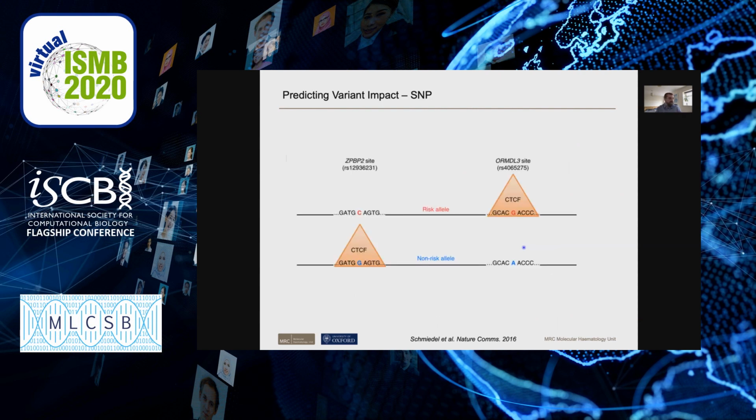To demonstrate that, here's another example from Schmiedel and colleagues, 2016. They have identified 2 SNPs that are associated with asthma risk, forming a risk allele and a non-risk allele. Basically, using CTCF binding as well as motifs, they hypothesized or demonstrated that these SNPs are likely to disrupt a CTCF binding in the non-risk allele and create a CTCF binding in the risk allele relative to the non-risk allele.